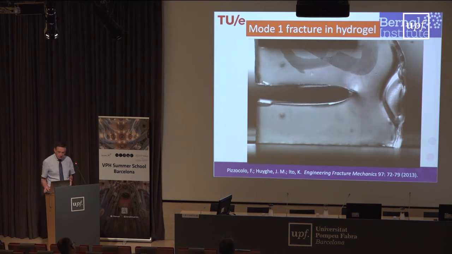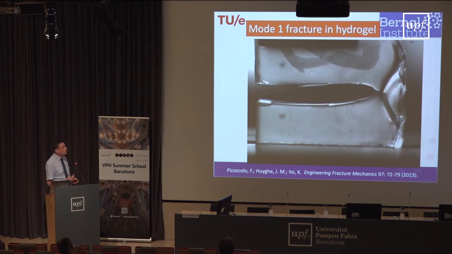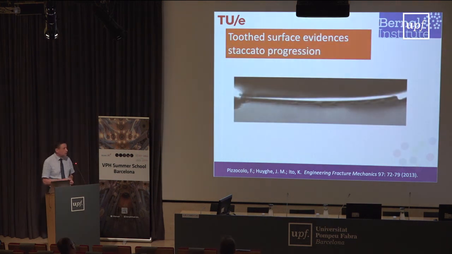And we find this even for strictly homogeneous material. The gel is homogeneous. There is nothing like inhomogeneity. And if you look at the surface, you find that there are actually teeth along it, which also indicates that it is stepwise progression.